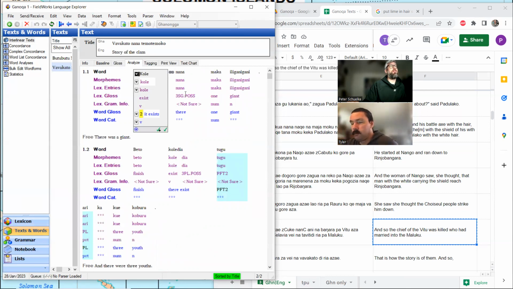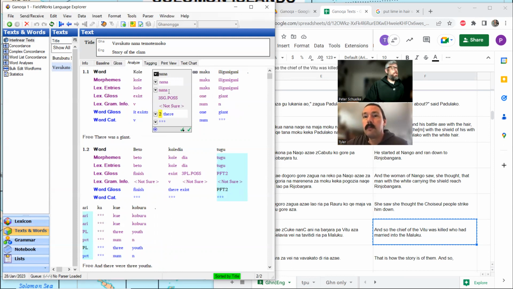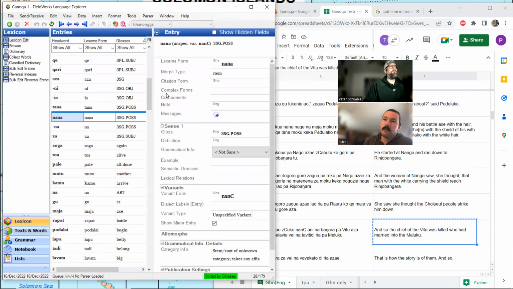Nana, we have it as there in the word gloss, but we never changed it in the entry. Okay, maybe just third possessive. As the primary gloss, I'm going to change it to there. And I'm going to say existential there to clarify what we mean.